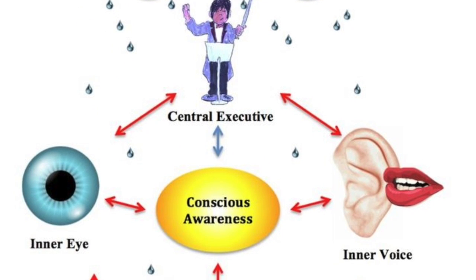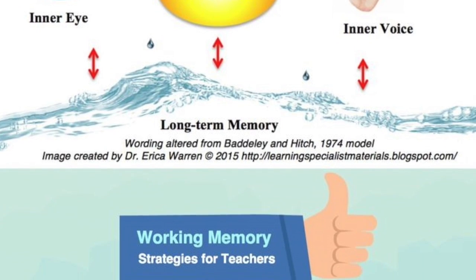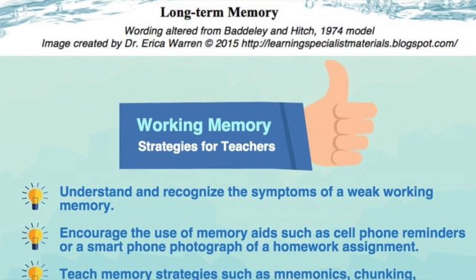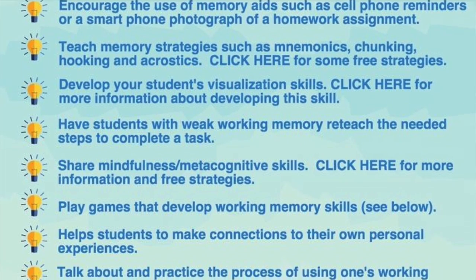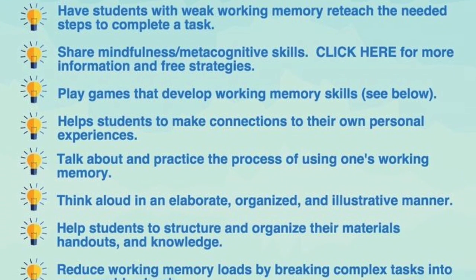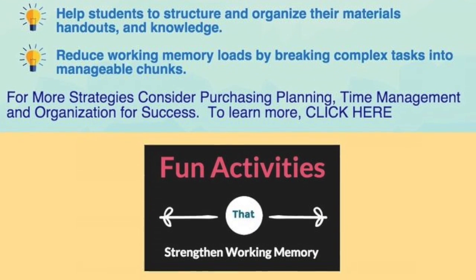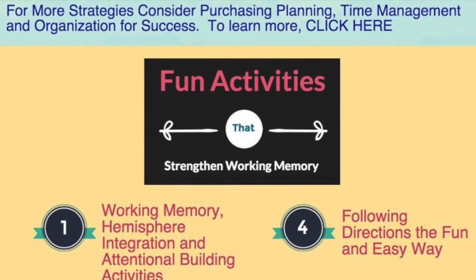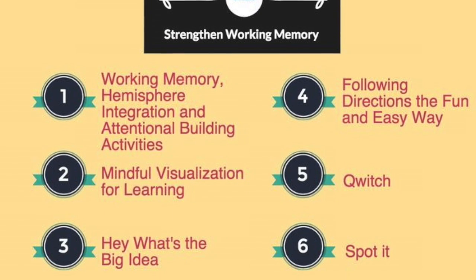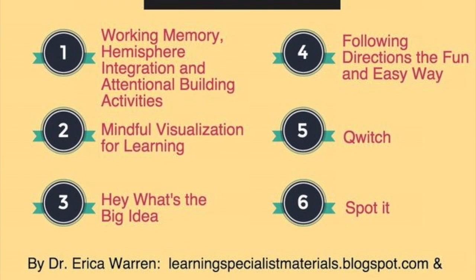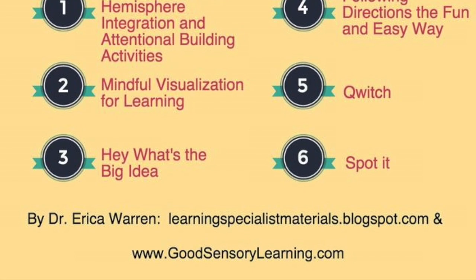And then the verbal store in the working memory holds and manipulates material related to speech, words, and numbers, kind of like an audio recorder. And then there is the episodic buffer of working memory, which contains information that represents episodes or events, perhaps in your life, that are both visual and auditory.